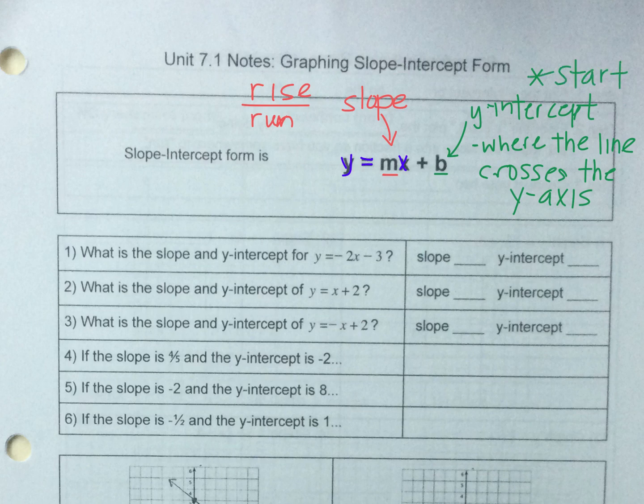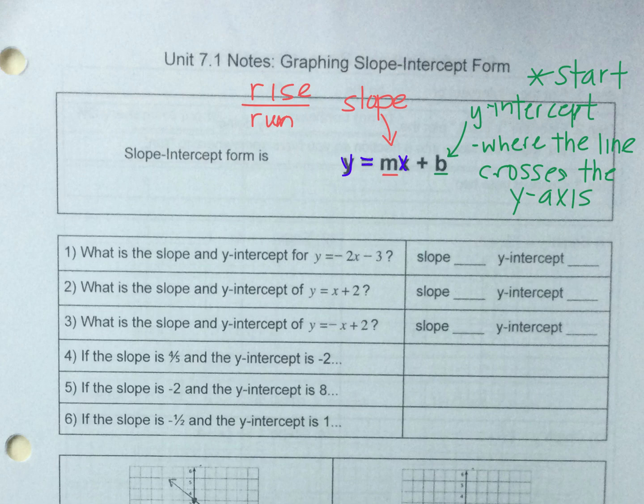So let me show you what I mean by that. If I have a graph and I have this blue line that goes through my graph, the b or y-intercept is where the blue and the green line meet. So first, let's just practice reading the formula and picking out the parts of it.